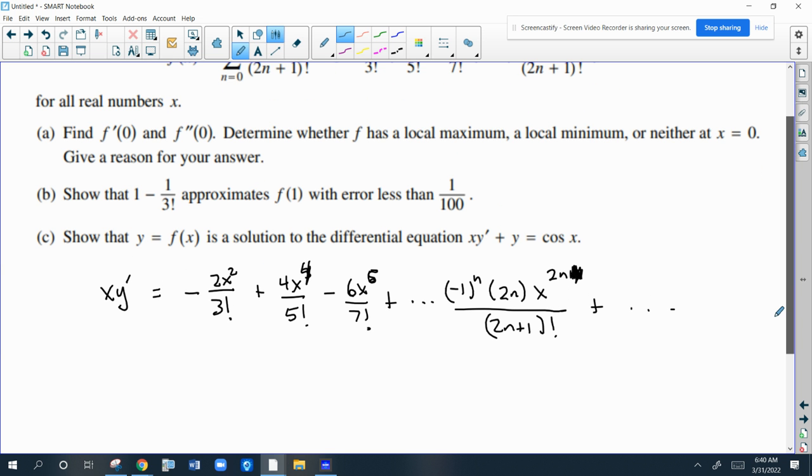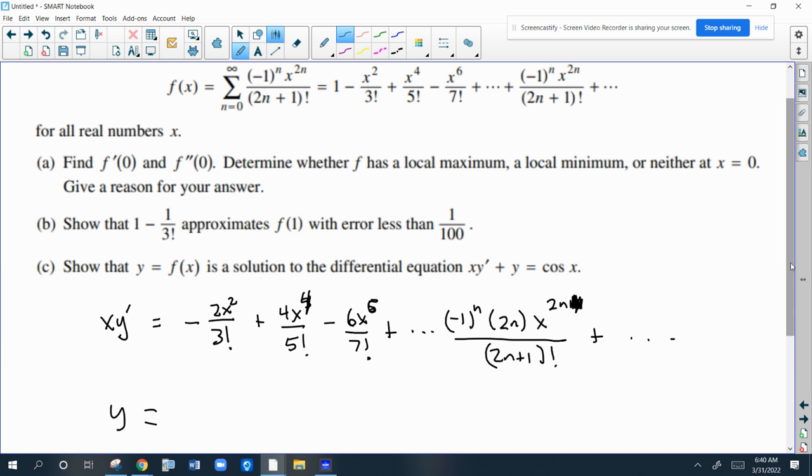Probably the best way to do this is I'm going to just write down y and add the two series vertically. So y is just going to be what the series was initially. So I'm just going to copy that down. And you can see that we're going to have a lot of like terms, which is a really good sign.